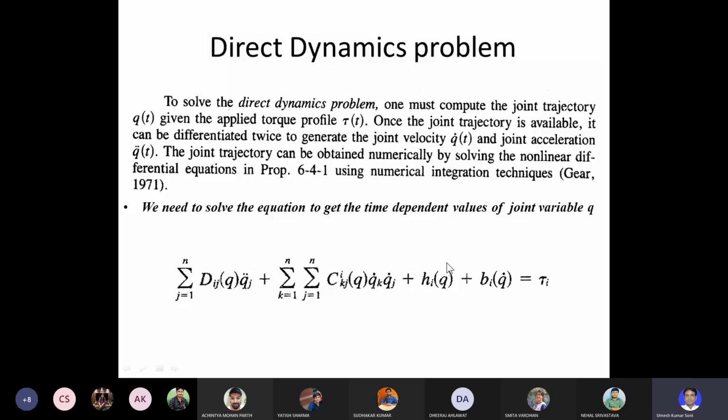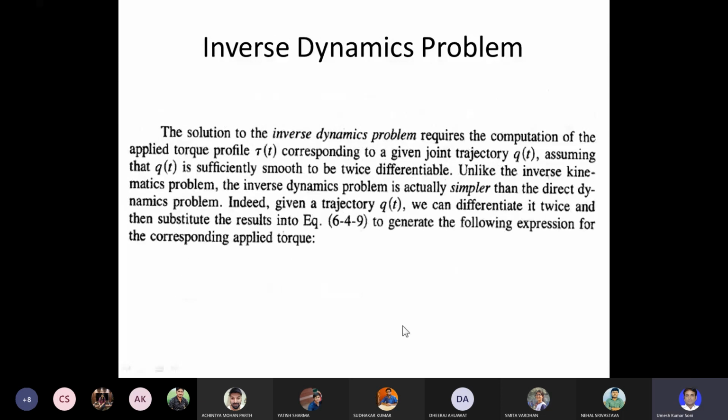So this is a direct dynamics problem, identifying the joint variables based on the certain applied torque at the joints. So tau is the input vector and the joint space trajectory is the output vector. The output vector can be determined using the solution of this differential equation.